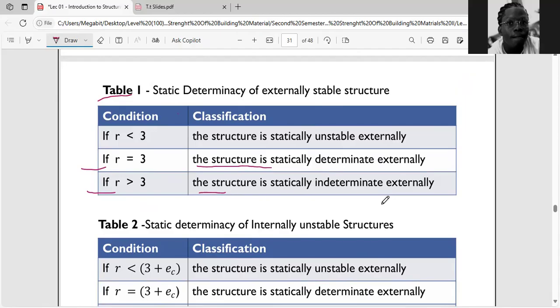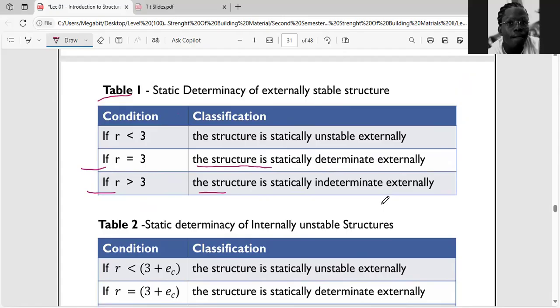Okay. So we said that the roller support has one reaction. If it is a roller support that you have seen in the question, first of all, you have to count the number of roller supports in there. If it is 5 roller supports, then you have 5 reactions. So in that case, the structure is going to be statically indeterminate externally.